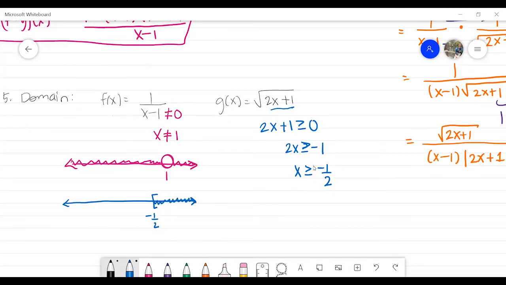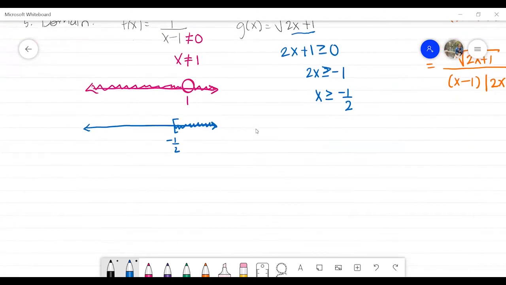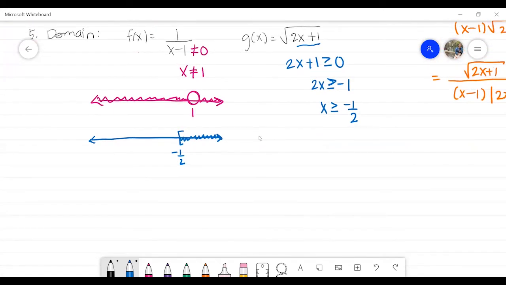So the domain of our first three functions, the sum, the difference, the product, is going to be the intersection of these two. So what do these two have in common? Well, everything from -1/2 on, and do you see -1/2 is included in both the pink and in the blue? So we include this -1/2, right? Through it, I have to skip over 1, but everything between counts and everything after counts.